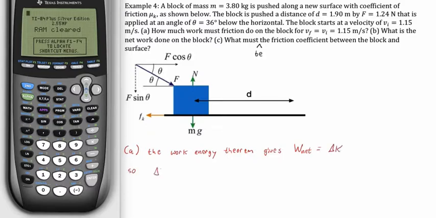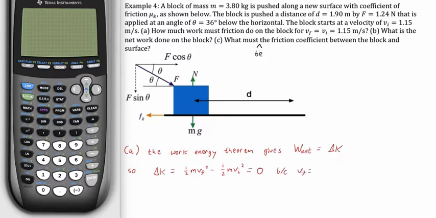So here, the change in kinetic energy, which is 1/2 m v final squared minus 1/2 m v initial squared, equals 0, because v final equals v initial. Thus, the net work is 0.